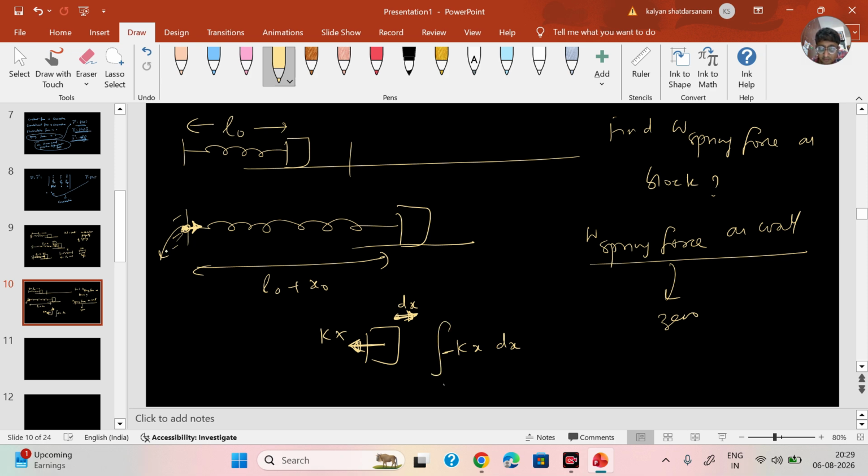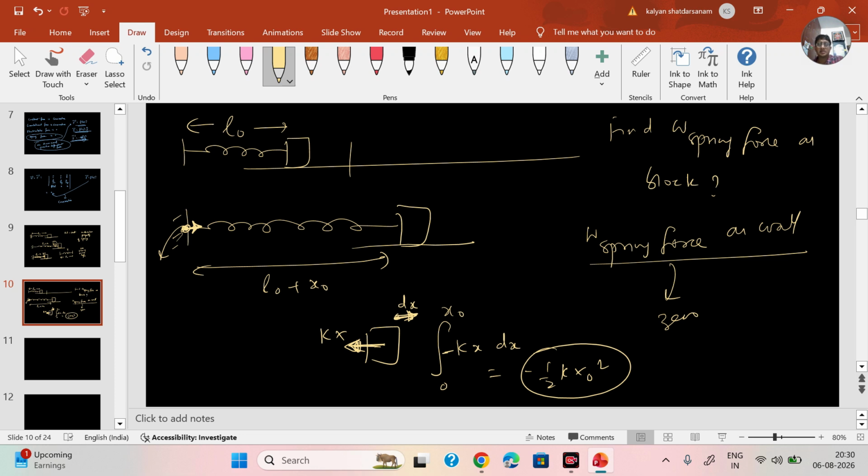Total work done while it is going from 0 to x naught. Original expansion was 0, it was natural length. Final expansion is x naught. So total work done in that case will be -1/2 k x naught square. Negative. Why is it negative? Because spring force is to the left, block is going to the right.